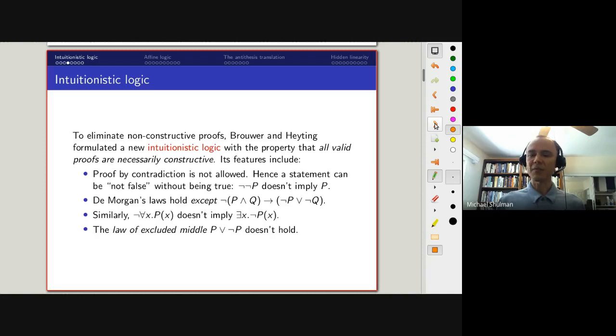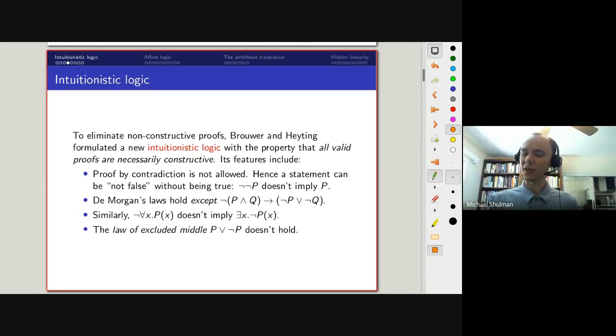So something can be not false without necessarily being true. If you assume that it's false and you reach a contradiction, then it can't be false, but that doesn't immediately tell you that it's true in the constructive sense. Related to that are other properties like De Morgan's laws. Most of them hold, but not the one that tells you that you can conclude that one of two things is true, because it might not give you a way to conclude which of them is true, and so you haven't constructed a proof of one or the other.